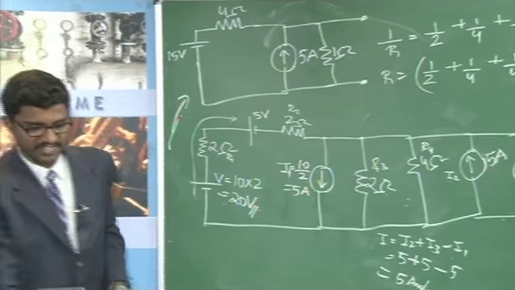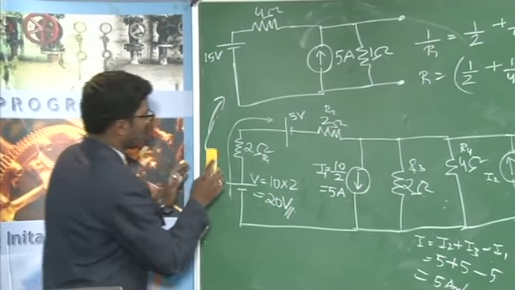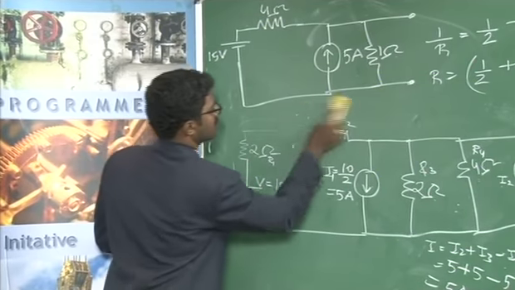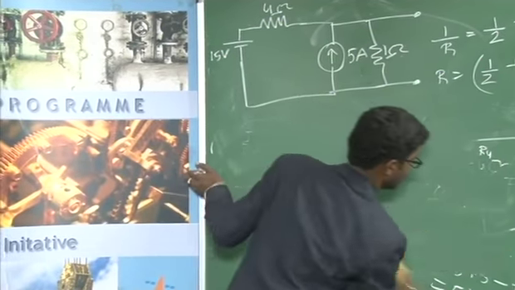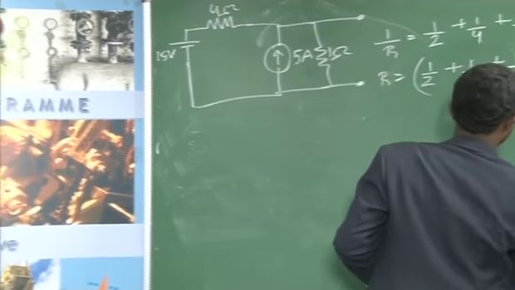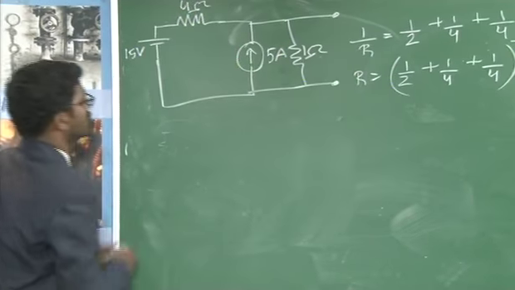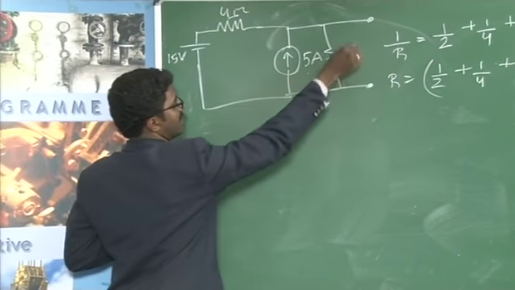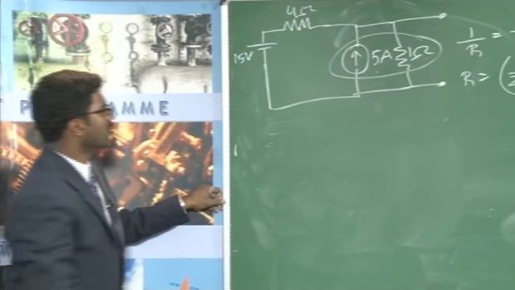So, in further simplification, you have a practical current source here, and you can convert it into an equivalent voltage source.